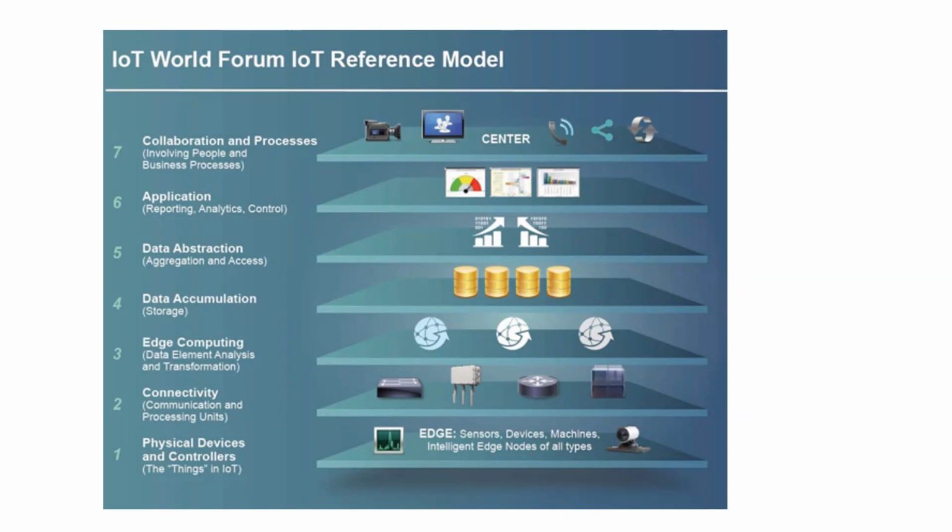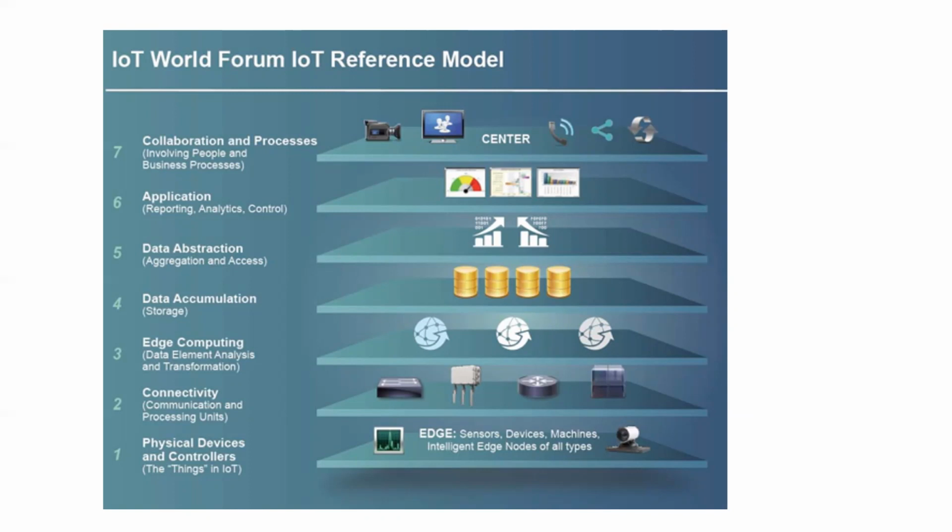So we were discussing the seven-layer model of Internet of Things, in which we have seen the physical devices and controllers layer, connectivity, edge computing, data accumulation, data abstraction, application, collaboration, and processes.